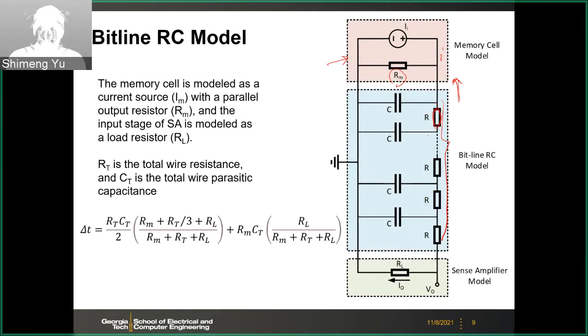So you have many RC components, like a distributed RC network. And at the end of the column, you have your sense amp. You can also model the sense amp, in this case, as a load to the bitline. Looking into the sense amp, you will have RL as a load, which is the input impedance of your sense amp.